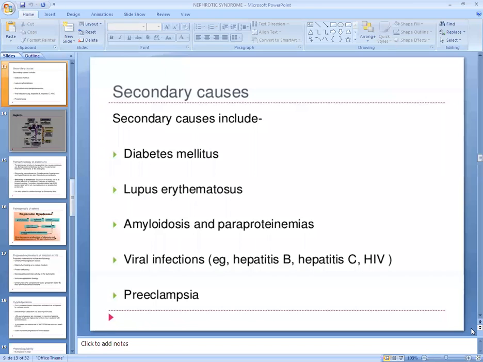So drugs, toxins, heavy metals, malarial fever, viral infections, storage disorders, autoimmune diseases, diabetes, these are the systemic diseases. All these cause secondary damage to the kidney, mainly the glomerular part, and result in nephrotic syndrome. So these are the secondary causes of nephrotic syndrome. So primary intrinsic renal disease and secondary to systemic disease.